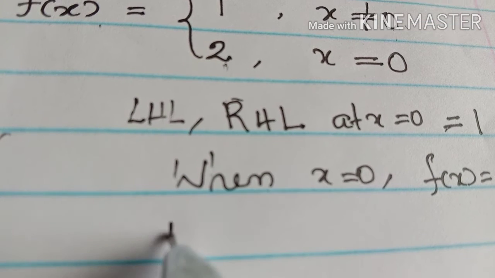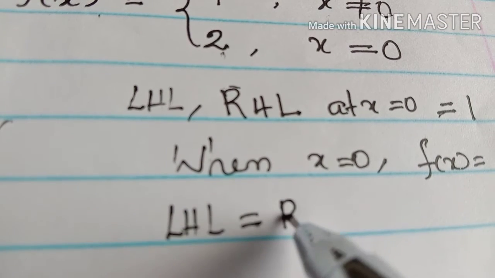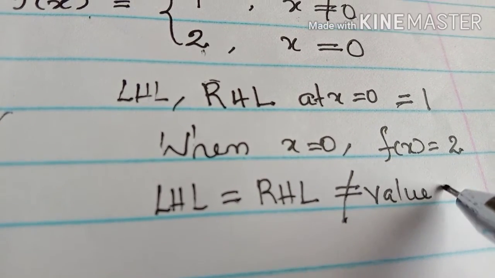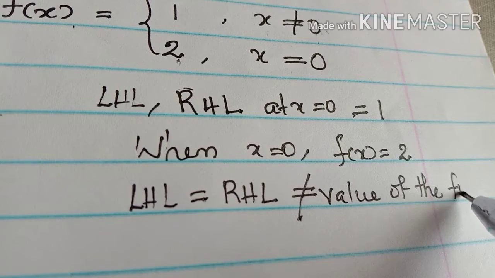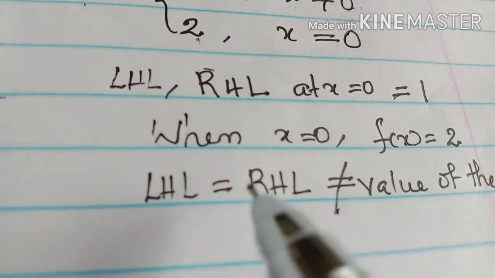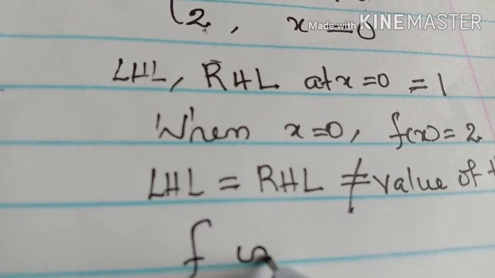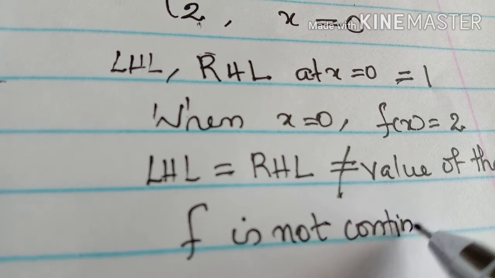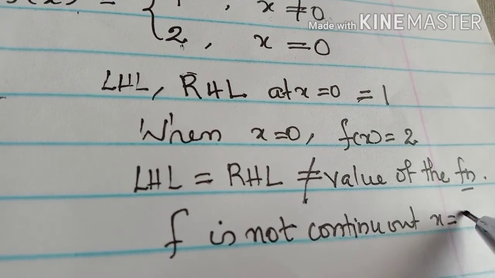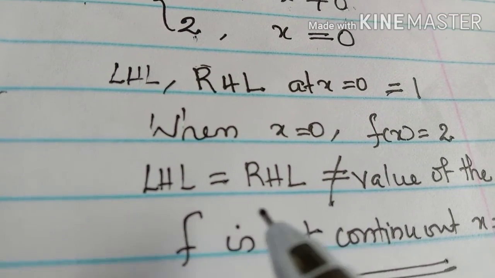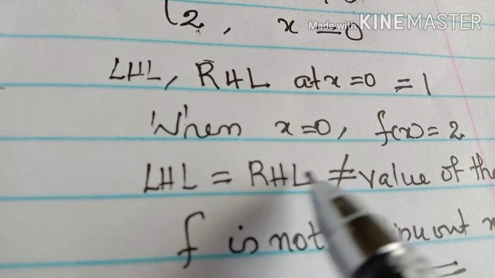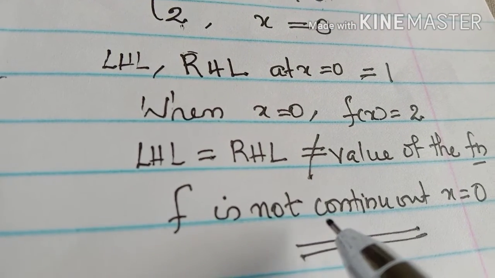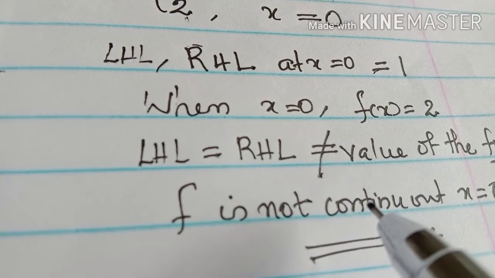So here the left hand limit is equal to the right hand limit, but not equal to the value of the function. Is that clear? In this case, we can say that the given function f of x is not continuous at the point x equal to 0.